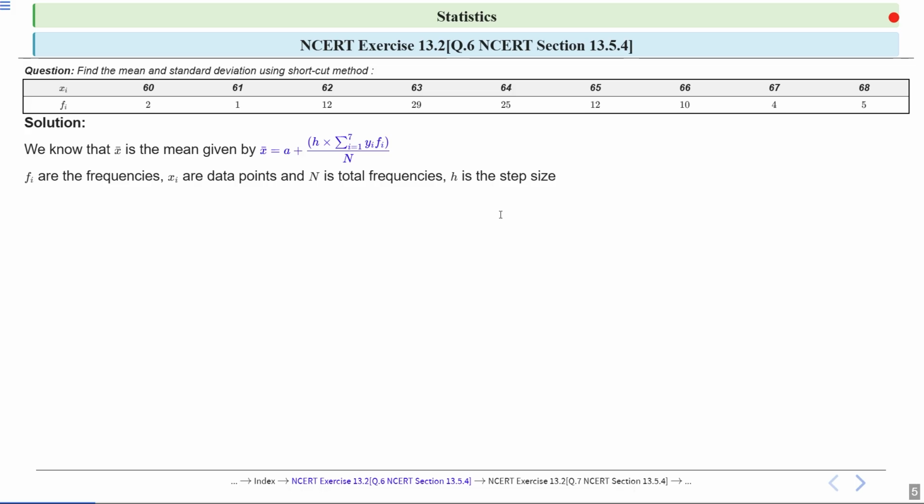Here a is the assumed mean, h is the step size between data points, yi is the deviation of each xi from the assumed mean divided by h, and n is the total frequency. For this question, we will choose the assumed mean as 64 since it's in the middle of our data points. The step size h is 1 because each xi increases by 1.